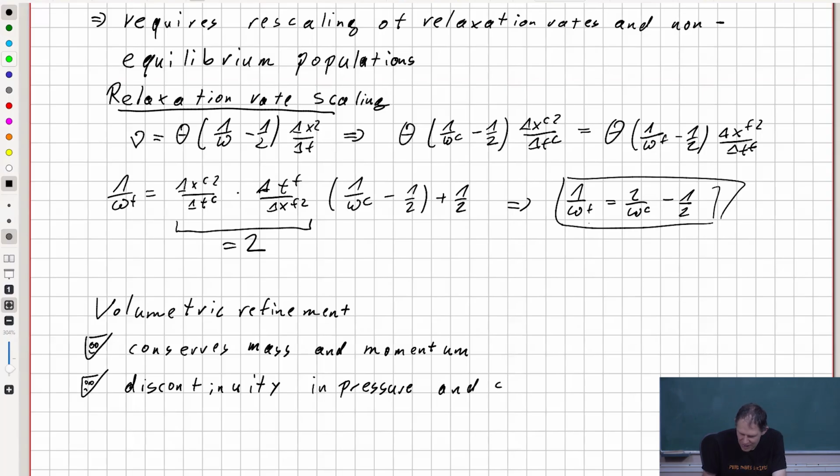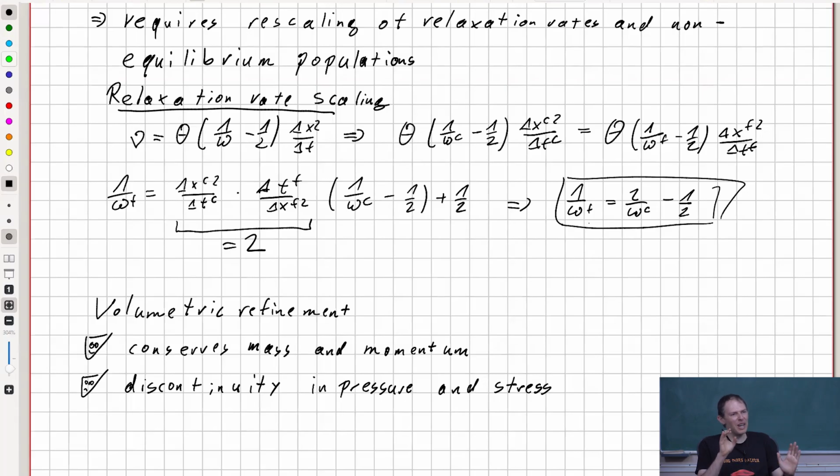Okay, so it's understandable that you get a discontinuity in stress, but that you get a discontinuity in pressure when you conserve mass and momentum is actually more difficult to understand. And I think I'm not going to try this now. If anybody has an interest later, we can talk over 2 hours to see why this is the case.